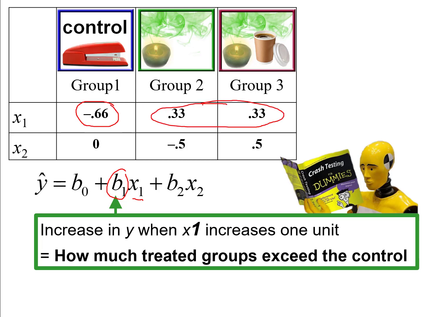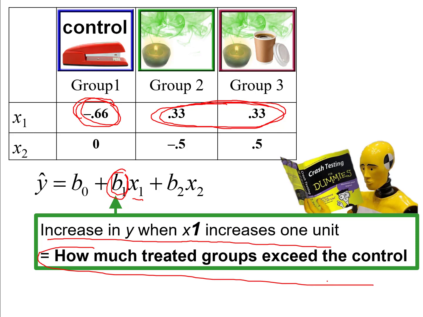So this beta is going to tell us how much y goes up, how much your happiness goes up, if we shift from group 1, which is the control group, to one of our treatment groups, either group 2 or group 3. So beta 1 tells us the increase in y when x1 increases by 1 unit, which tells us how much the treatment groups exceed the control group. If we put our 2 treatment groups together in one set, how much do they exceed our control group? Our beta 1 will tell us that.